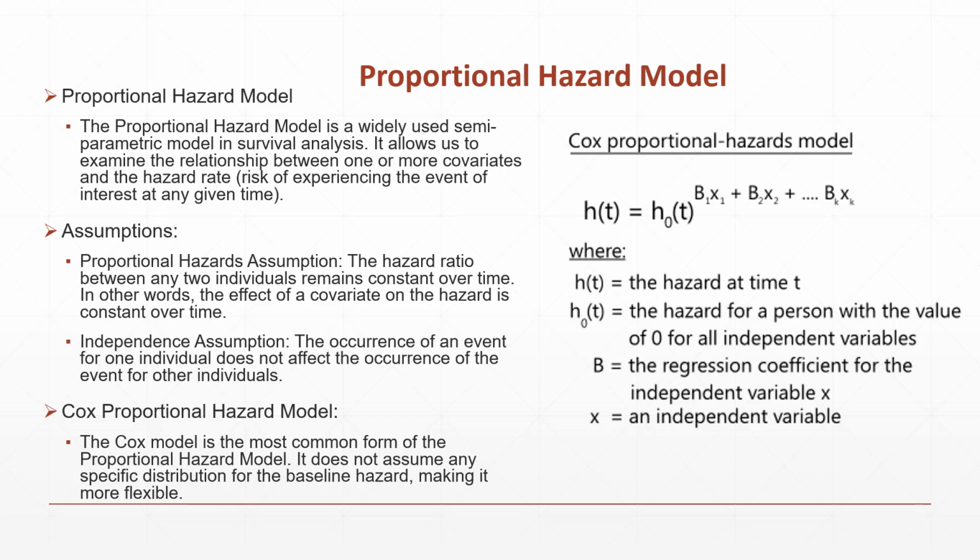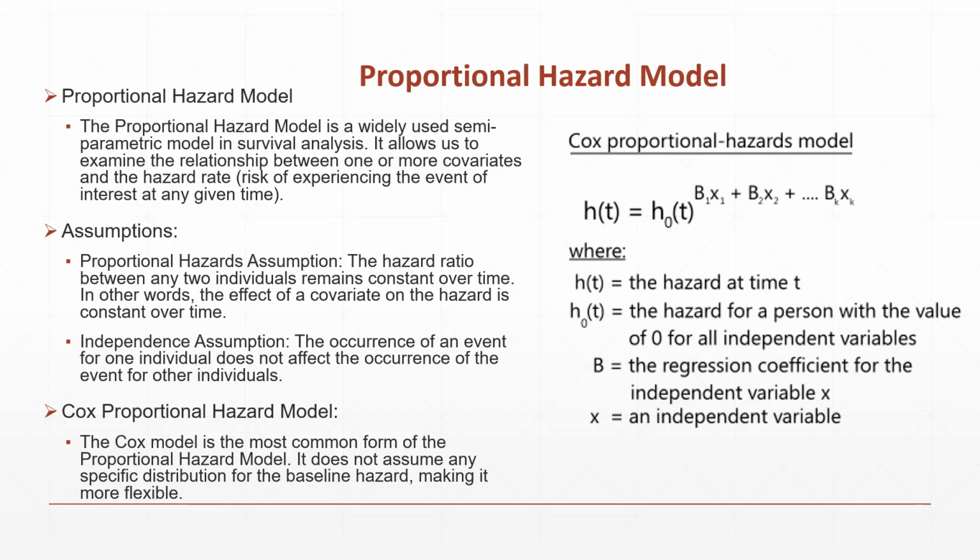So the proportional hazard model is a semi-parametric model used extensively in survival analysis. It enables us to examine how different factors influence the risk of experiencing the event of interest over time. First, let's discuss the key assumptions of this model.